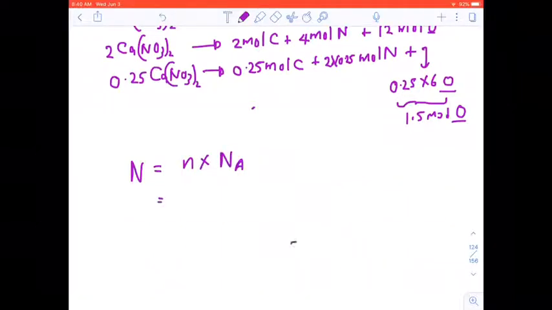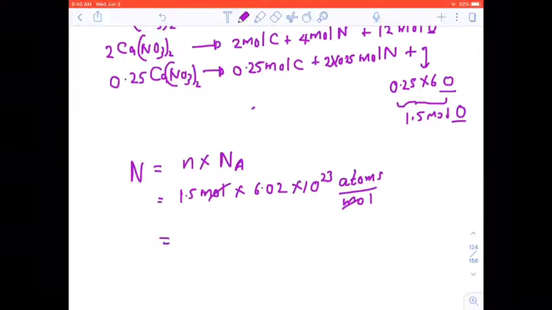So n is 1.5 moles, right, times 6.02 times 10 to the 23 atoms of oxygen per mole. That cancels out, we are left with atoms, and that gives us 9.03 times 10 to the 23 atoms of oxygen. Right?